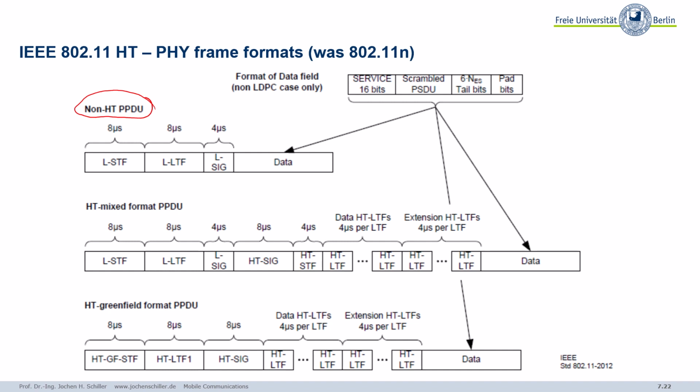On the other hand, there's a so-called greenfield format. Assuming there are no old devices, so you have a green field, only new devices, then you can operate at much higher data rates. You do not have to take care of some older devices, their restrictions, etc. Then carrier sensing works, but only for the new devices.